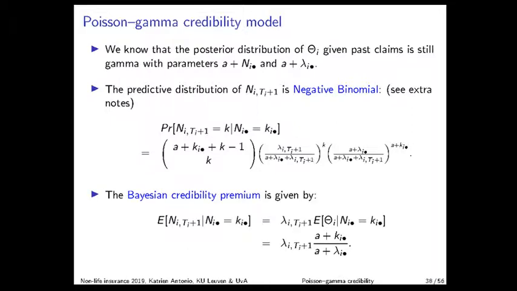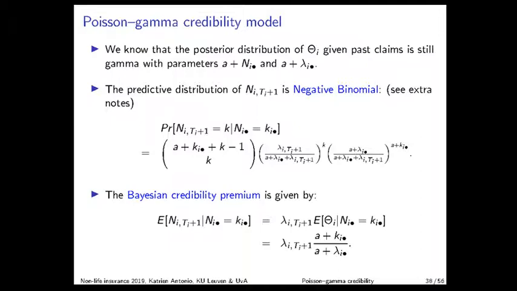Using this explicit result for the predictive distribution, you now have yet another path available to derive your credibility premium. You can work with the negative binomial distribution and take the expected value of this distribution. Naturally, this leads to the same expression for the credibility premium as derived earlier on in this course.